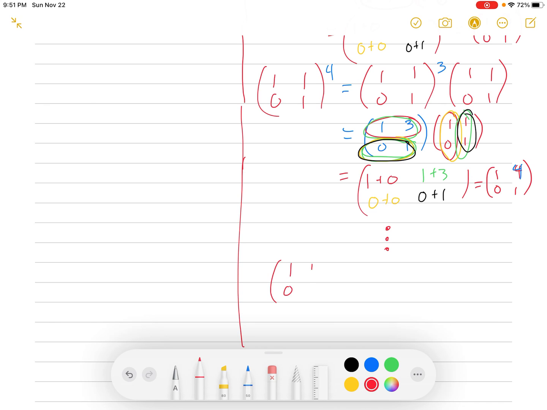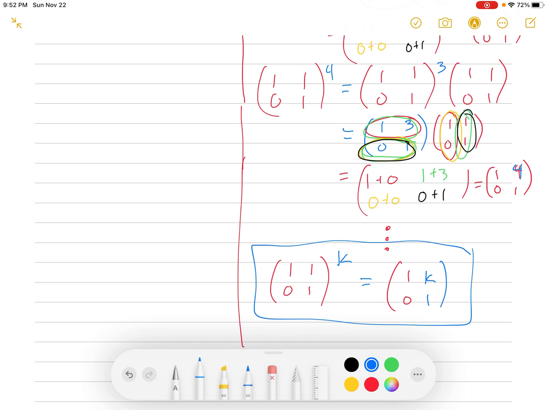You get [1, 0, 1, 1] to the kth power equals [1, 0, k, 1]. This is for k greater than or equal to 1. I should specify that here.